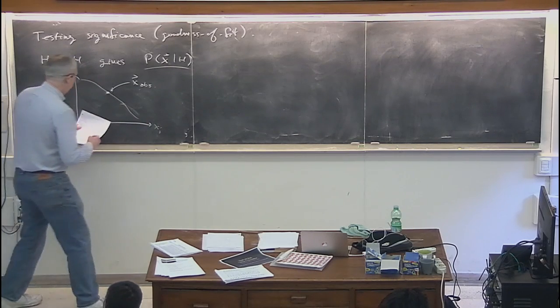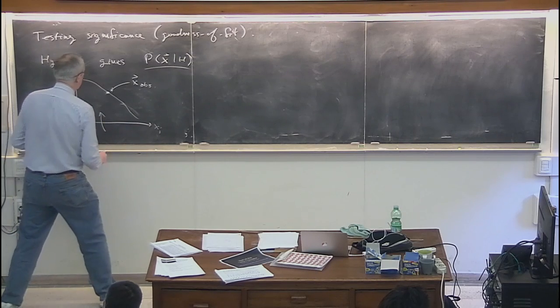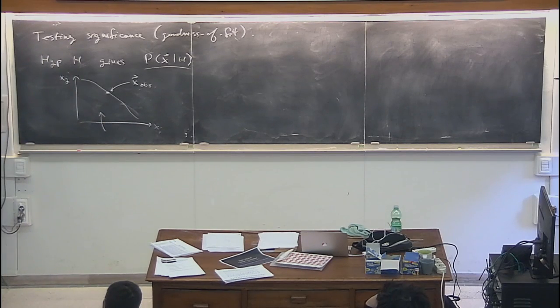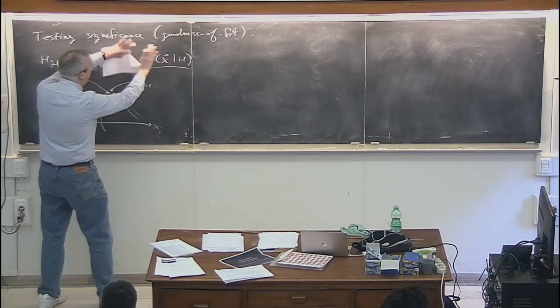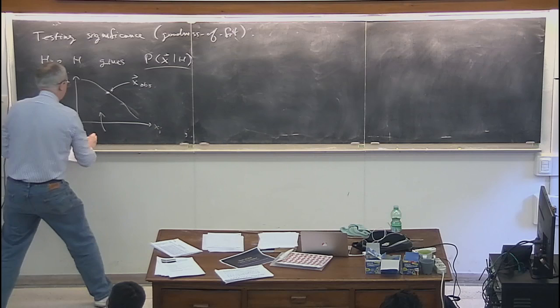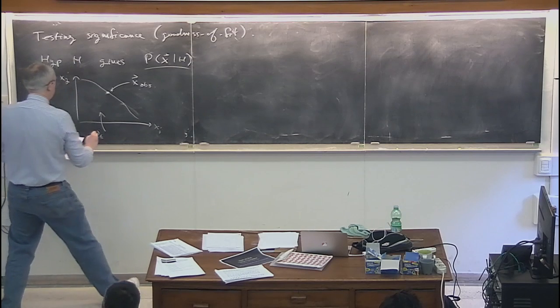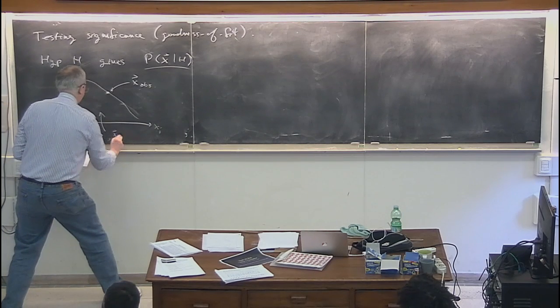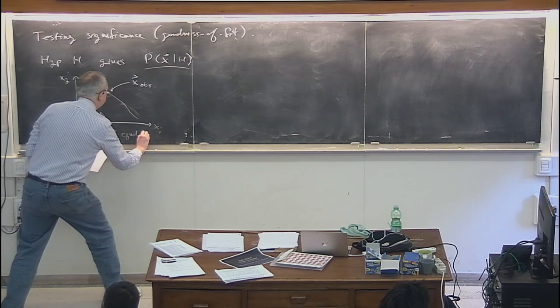On one side of the boundary, the outcomes represent less agreement, less compatibility with the predictions of the hypothesis. So in this case, I would get a high density over here and a low density over here. I'm going to label this omega with a less than or equals sign, and that less than or equal means x has equal or less compatibility with H.